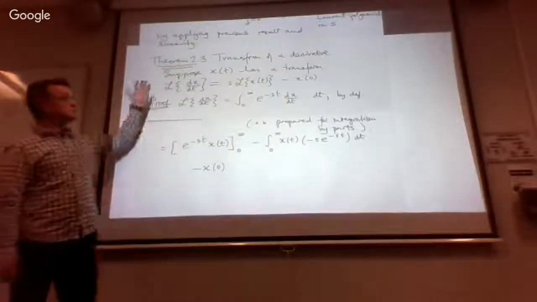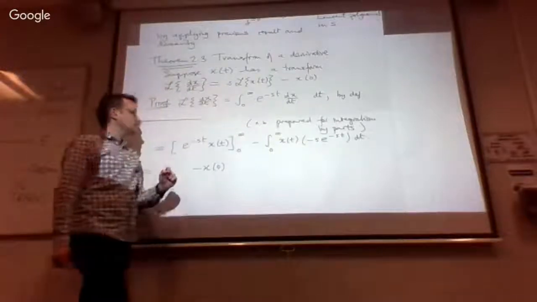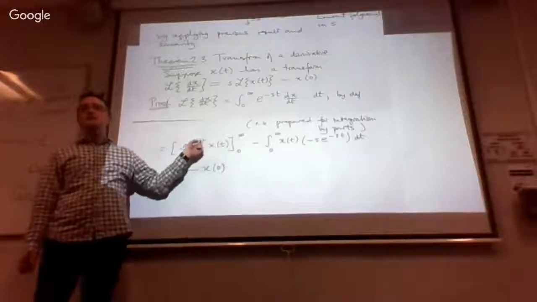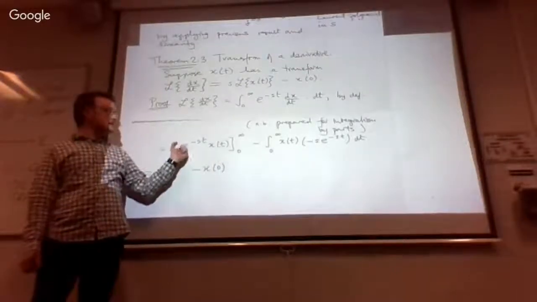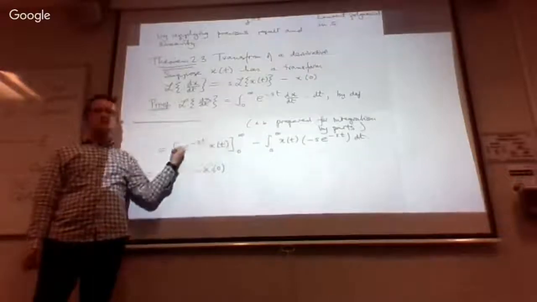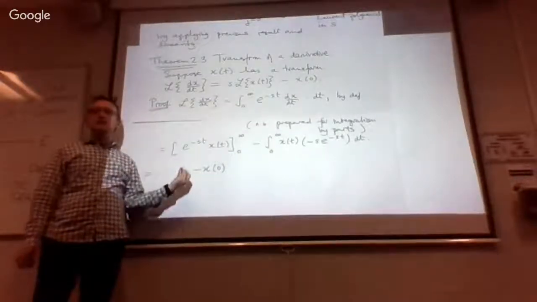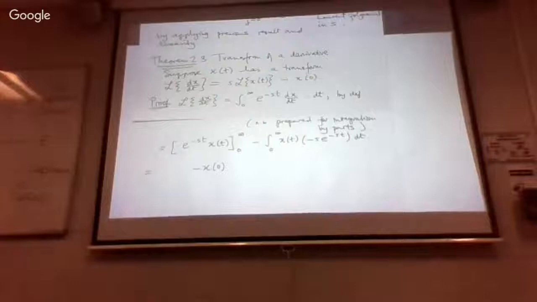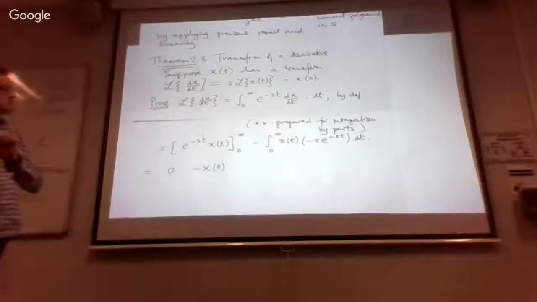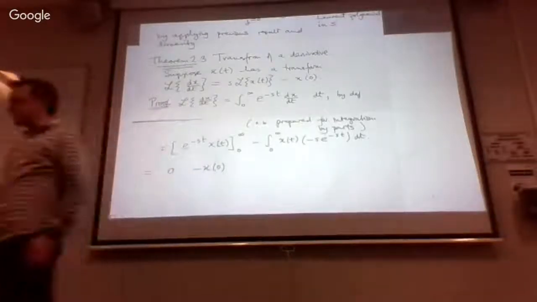So this limit as t goes to infinity will be 0, because eventually this exponential is going to decrease fast enough to drag this whole product down and make it converge to 0. So this is where we pick up the minus x of 0.